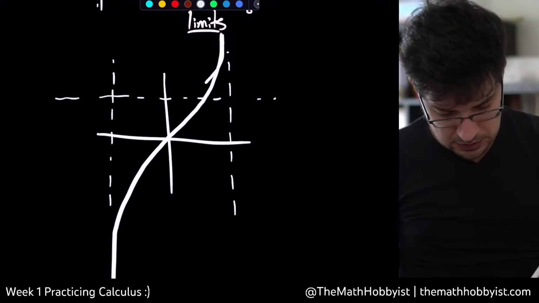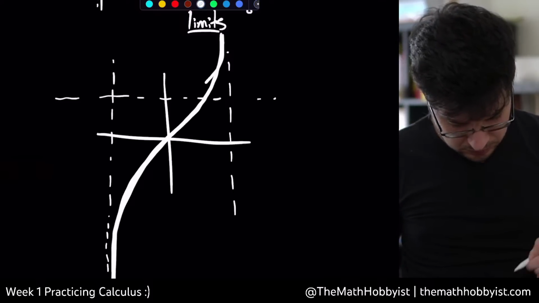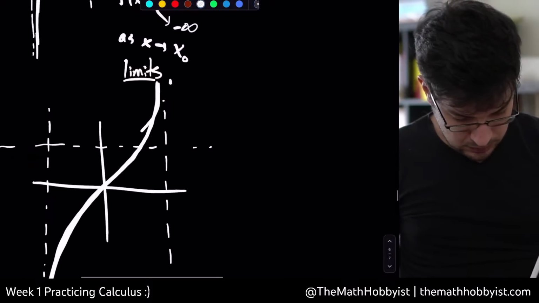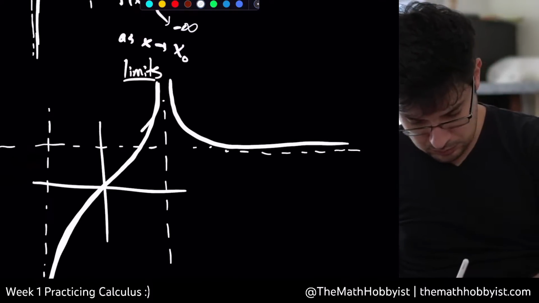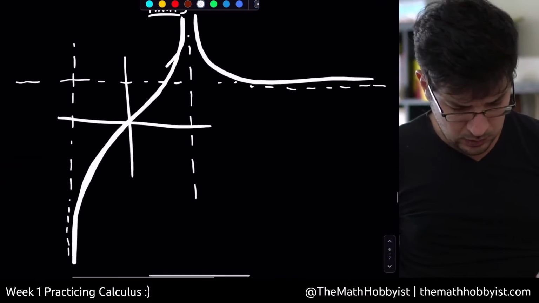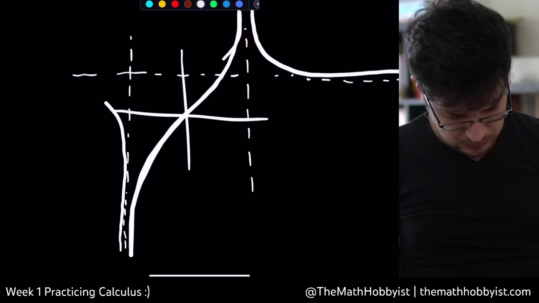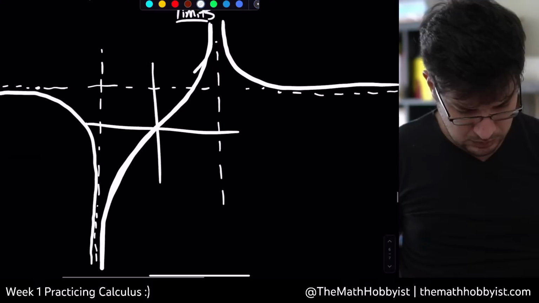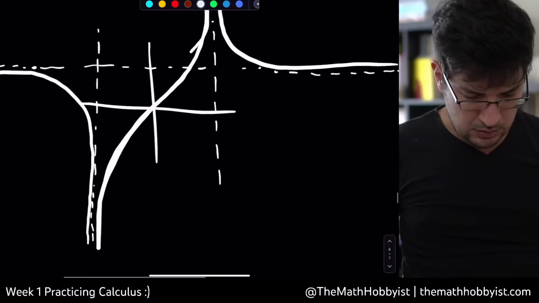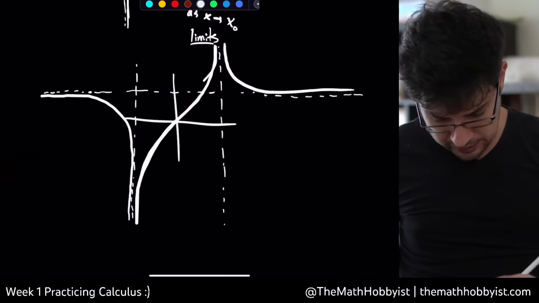This is a function that has a horizontal asymptote, it has horizontal and vertical asymptotes.